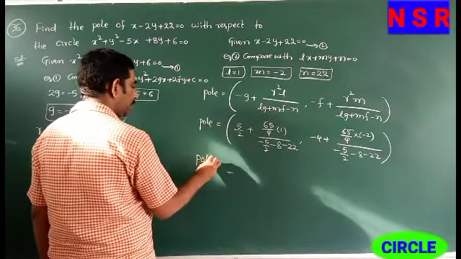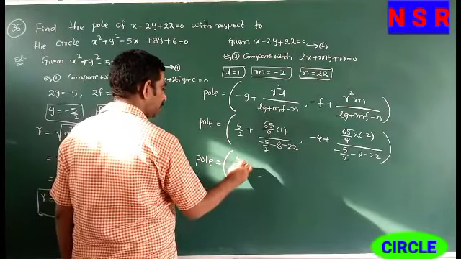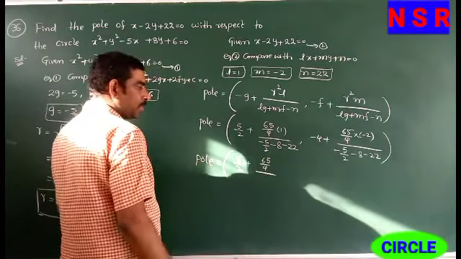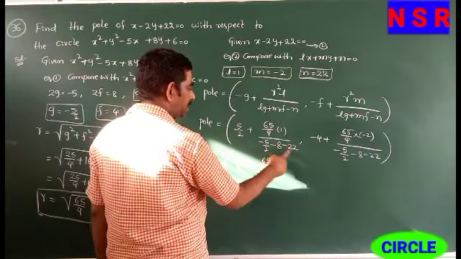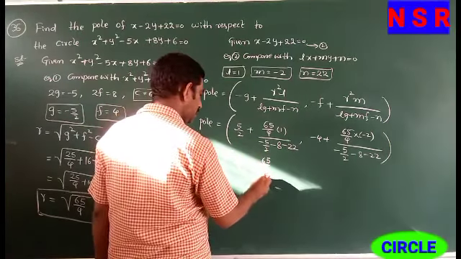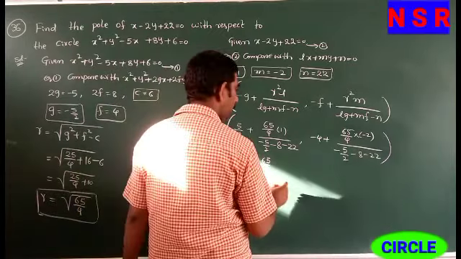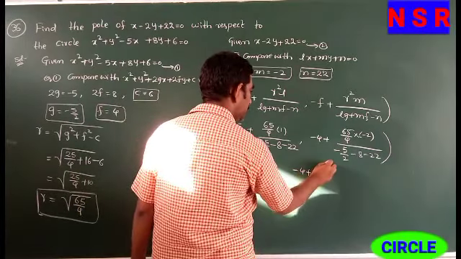Now pole equal to 5 by 2 plus 65 by 4 by 22, 8, 30 minus 30 into 2, 60. So here also minus 65 by 2, minus 4 plus.